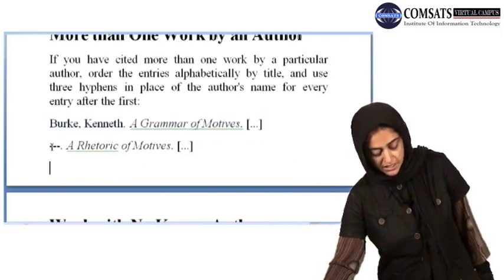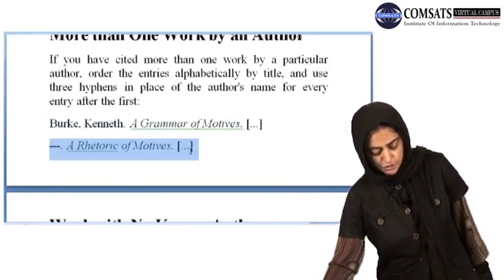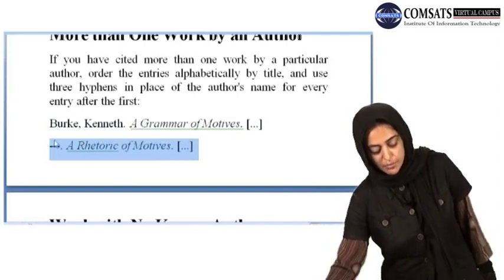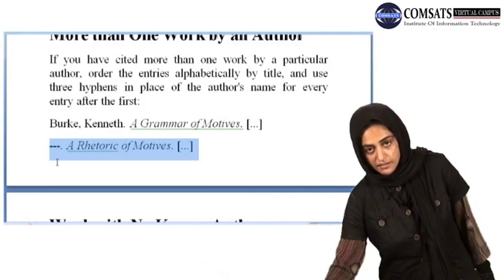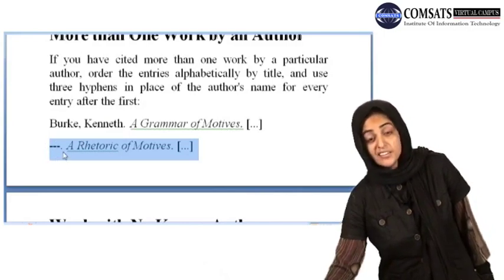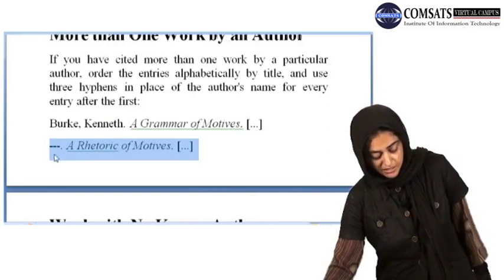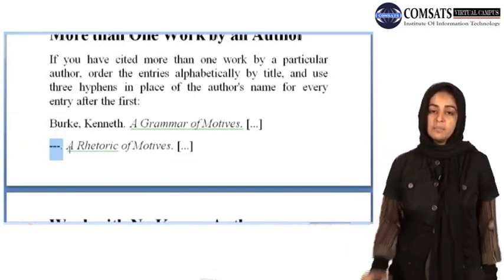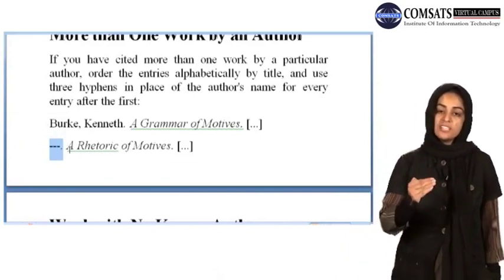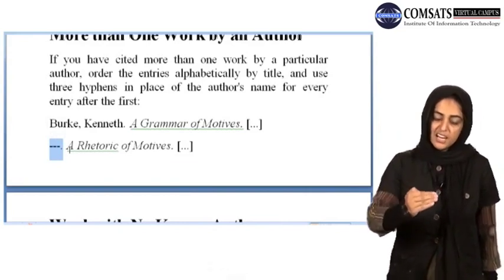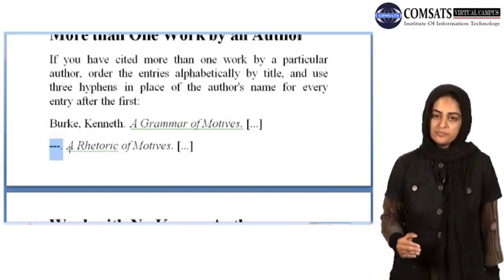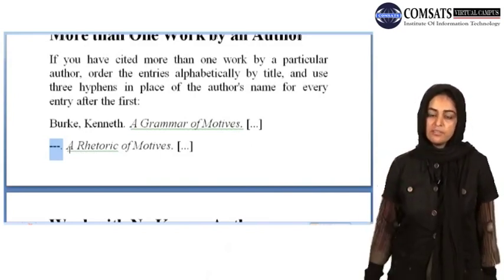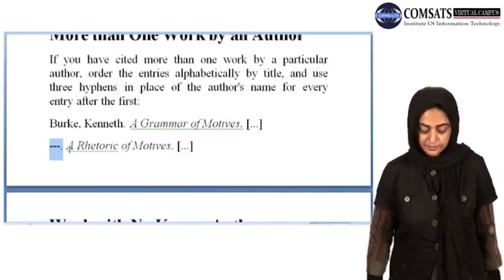And there was again the second article, or the second essay, or the second story by the same author, but over here you did not repeat the name Burke Kenneth again. Here you can see three hyphens in place of the author's name, and these three hyphens show that this essay being given in this line is by the same author as mentioned above. That means by Burke Kenneth.